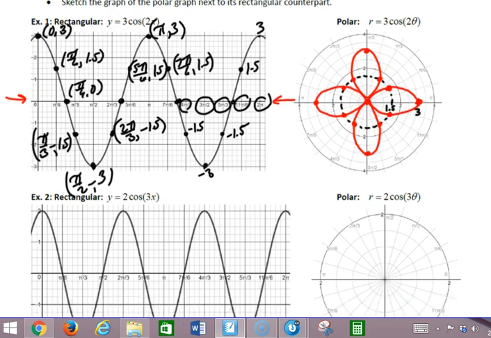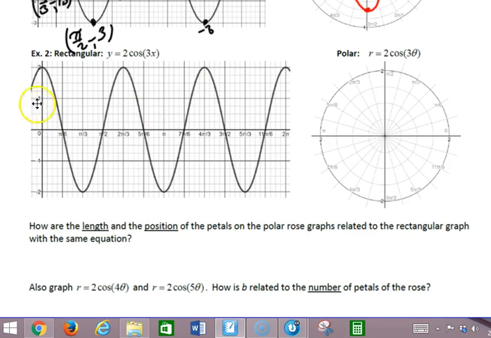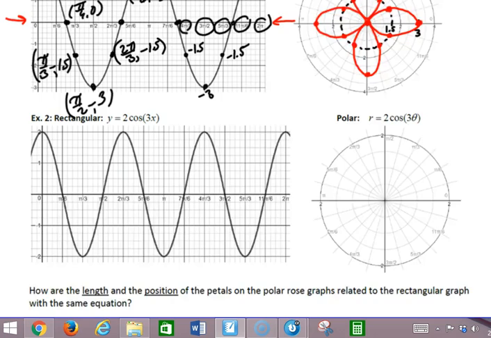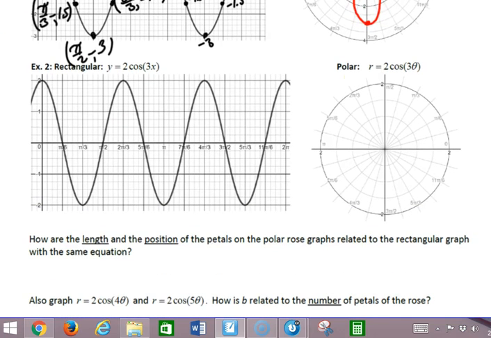Now if we look at the next graph, we see 1, 2, 3, 4, 5, 6 upper maximum and minimum points in between 0 and 2 pi. So we would anticipate then a 6 petaled rose. So let's go ahead.